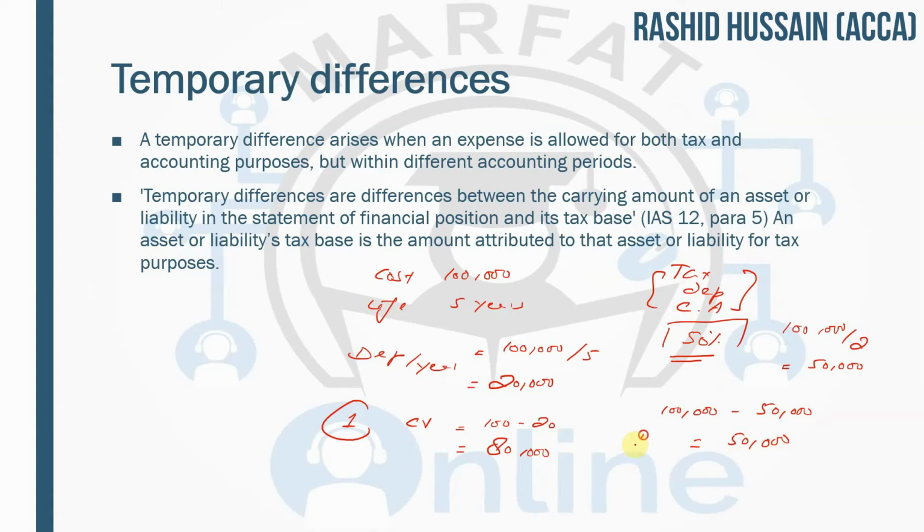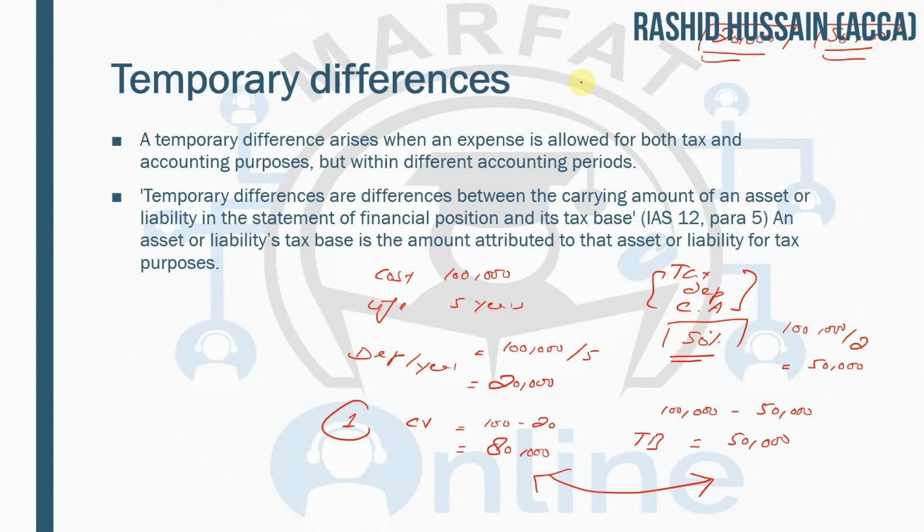Now this is the carrying value and this is the tax base. Look, these two are significantly different. And this will give rise to the temporary difference. One more thing, you are actually recording the expense of 20,000 in your financial statements. The taxation authority is saying to record 50,000 as an expense. Now when you are recording 20,000 as an expense, it will actually decrease the profit, but that decrease will not be more than the 50,000.